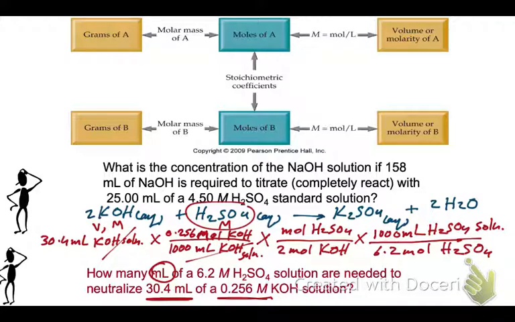30.4 times 0.256 divided by 1,000, divided by 2, multiplied by 1,000 and divided by 6.2, which is 2 sig fig.